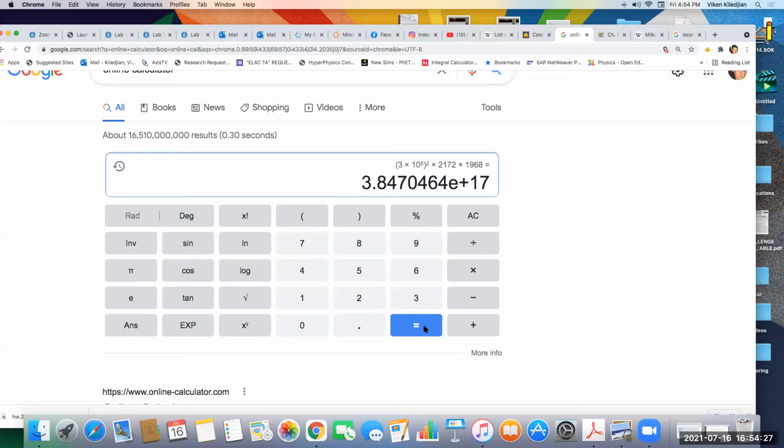Okay, divide that by 4, divide that by 4 times 4.3. That's the G value.